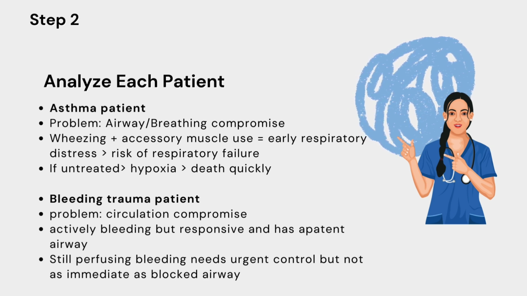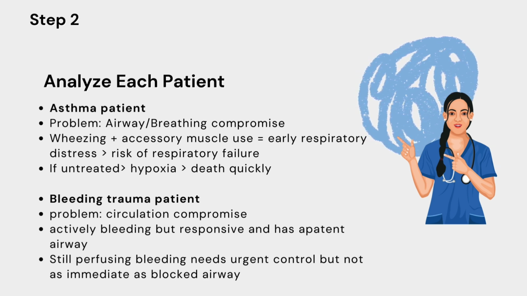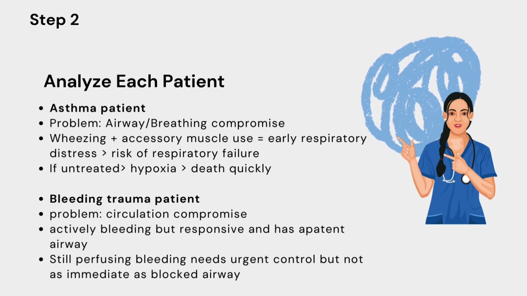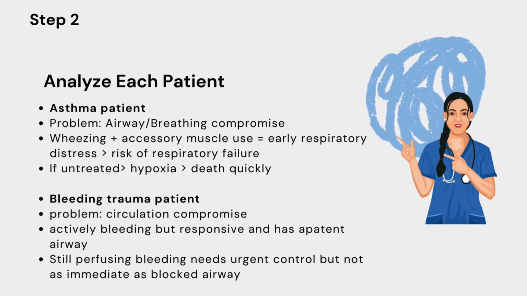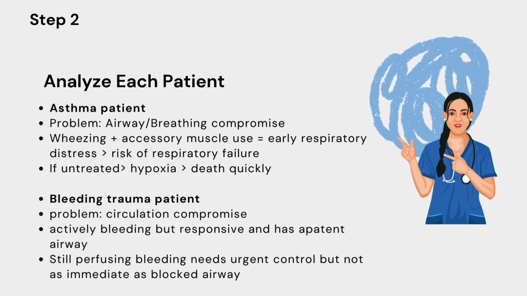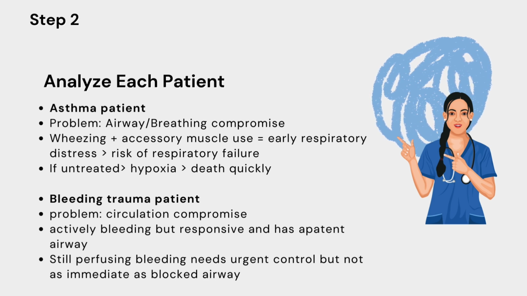If this goes untreated, the patient may develop hypoxia, and hypoxia may lead to death. So this patient is likely to die. Even when you're prioritizing each patient, ask yourself, who is likely to die first? The airway patient is likely to develop hypoxia, which can lead to death.